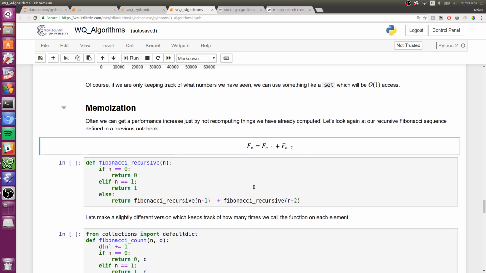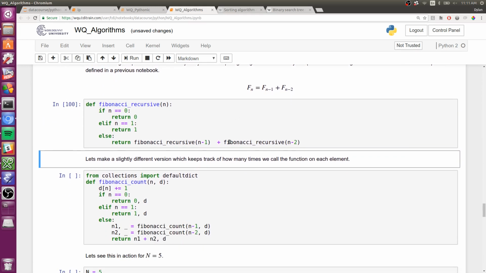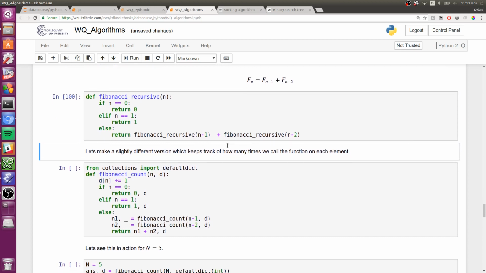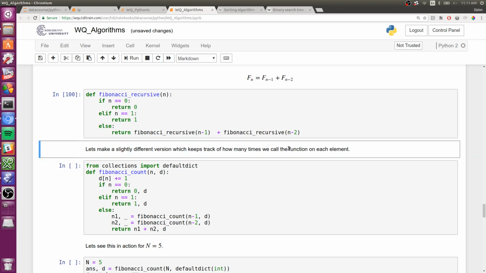So we keep recomputing elements of this sequence over and over again if we take a recursive approach. In fact, we'll define here a function that keeps track of how many times we compute each element of this sequence.